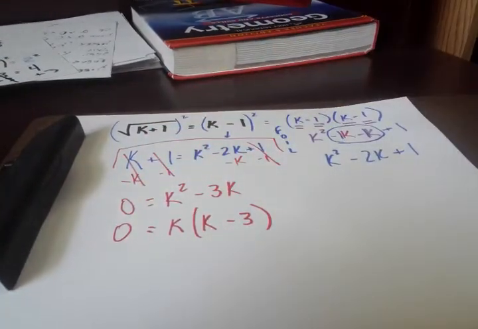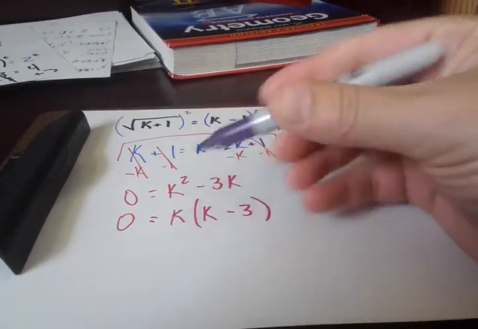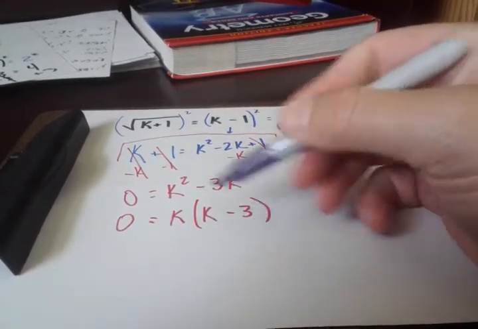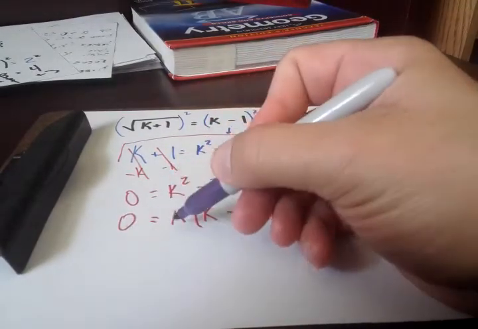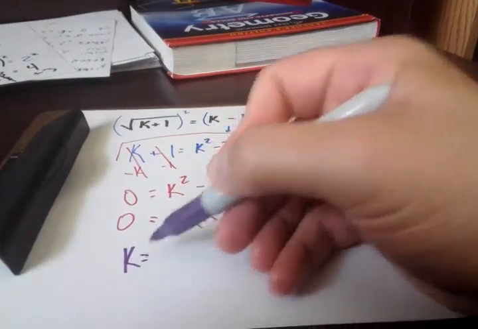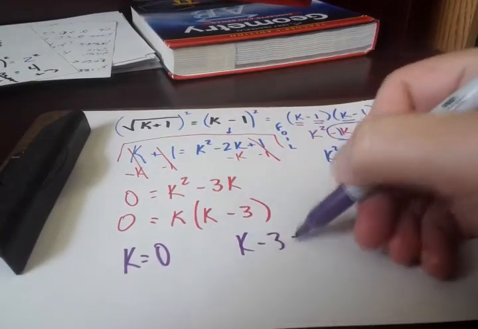This is still equal to 0. And this might be the part that you forgot a little bit, but if we have polynomials that equal 0, remember, this is a monomial, and this is a binomial. If these two polynomials equal 0, we just set each of them equal to 0. I'll say k equals 0, and then this one I will say k minus 3 equals 0.